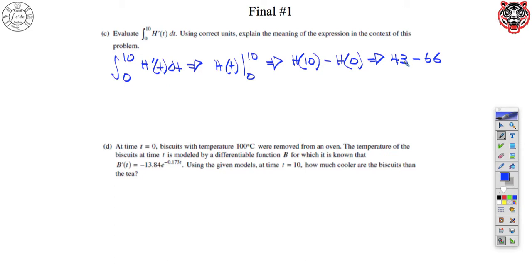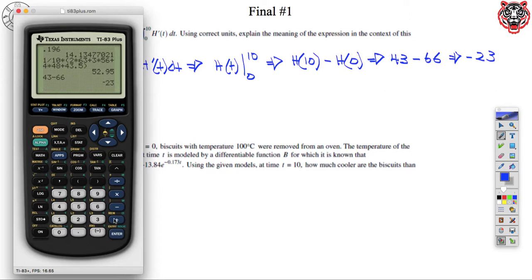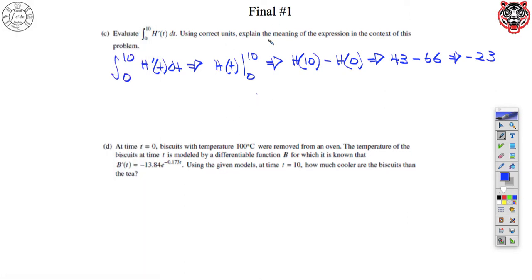So 16 plus 7 is 23. Is that right? So this should be equal to negative 23, and this is a calculator problem. Let's just double check Mr. Sindel's math. 43 minus 66. All right, whew, good. I can still be a math teacher.